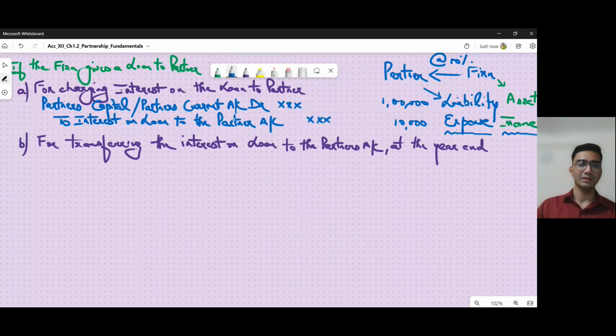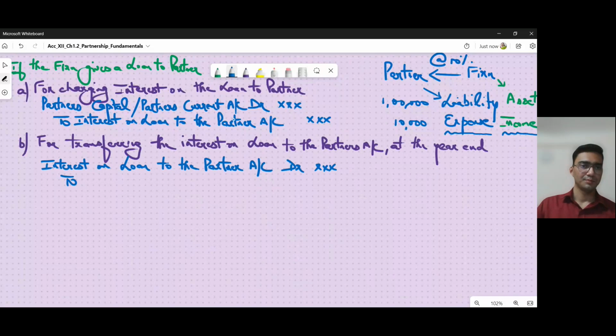Since it was credited in the previous entry, now it will be debited. So interest on loan to the partner account is debited with whatever amount. In this case, what is the amount? 10,000.